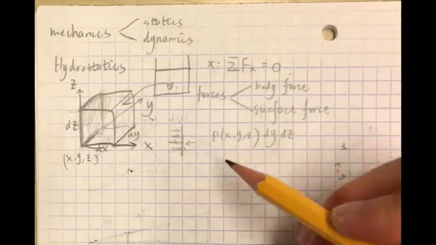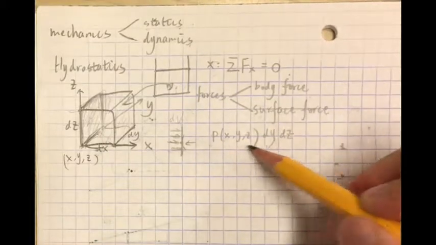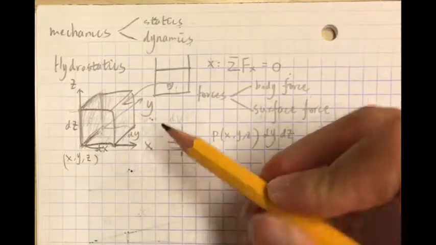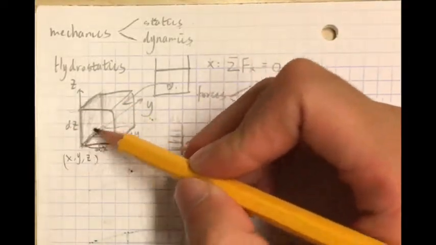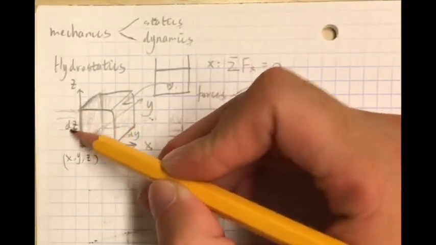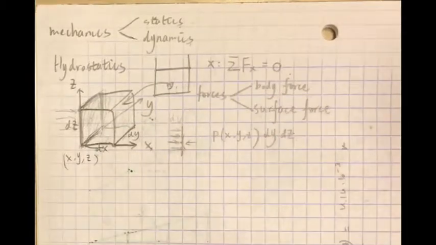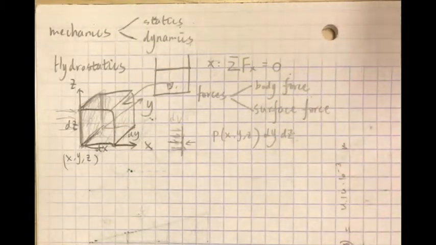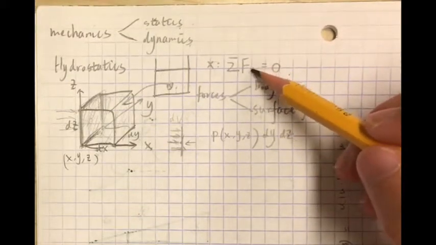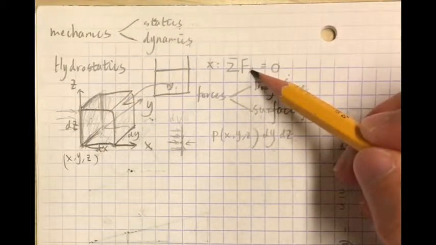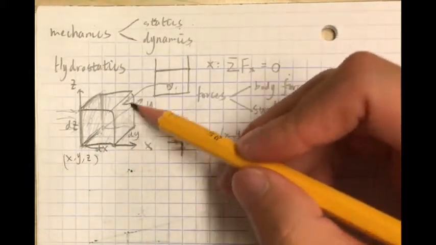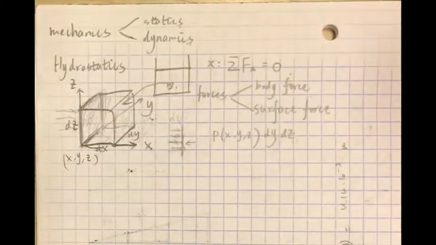In what direction does this point? In the positive x direction, right? The pressure acting on this surface will be like this, so it's in the positive x direction. Another force we need to introduce in this equation is the force resulting from pressure acting on the right side.